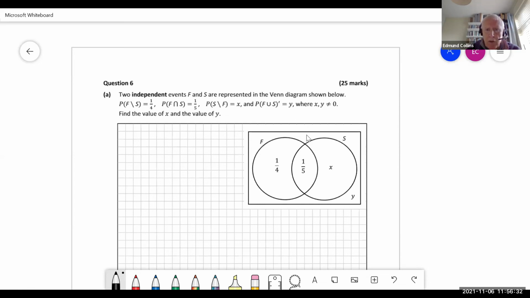The complement of that is anything outside of those two circles. The apostrophe here denotes the complement, and it equals Y. That's why it's so important to be familiar with how these terms are written before going into the Leaving Cert.